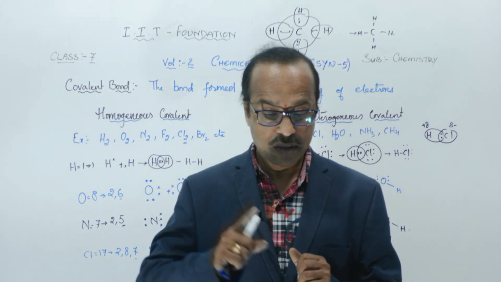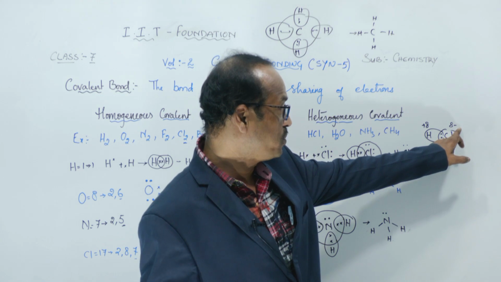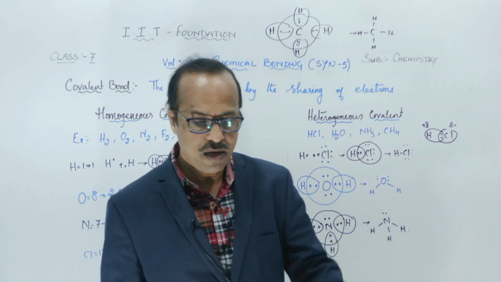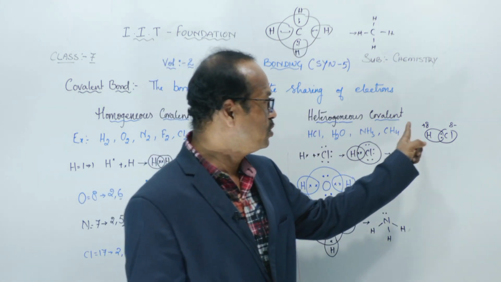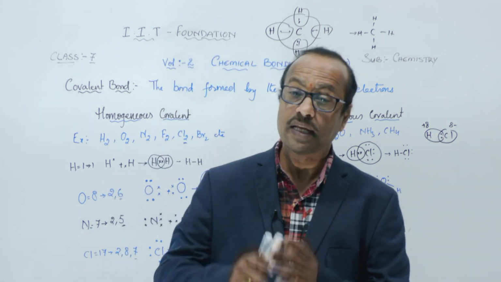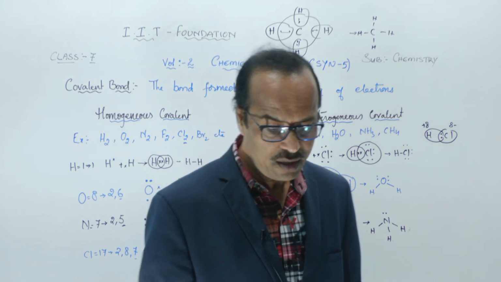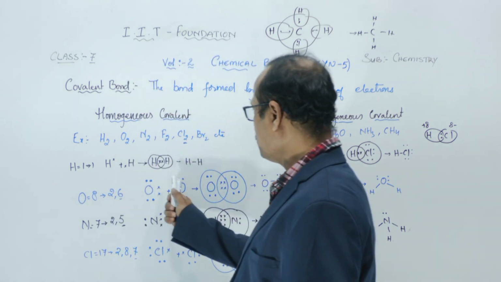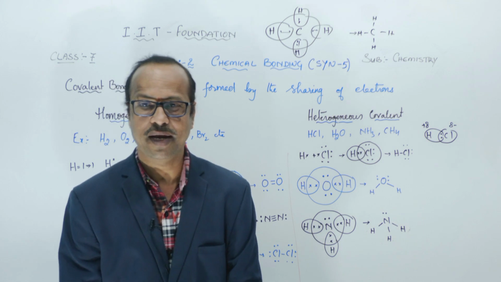As a result, the more electronegative atom acquires a partial negative charge, and the less electronegative element acquires a partial positive charge. So the molecule which has two oppositely charged poles, positive and negative, is said to be a polar covalent bond. What are they? Polar covalent bond. Did you understand? So these are the non-polar, these are the polar. These are the differences between polar and non-polar.